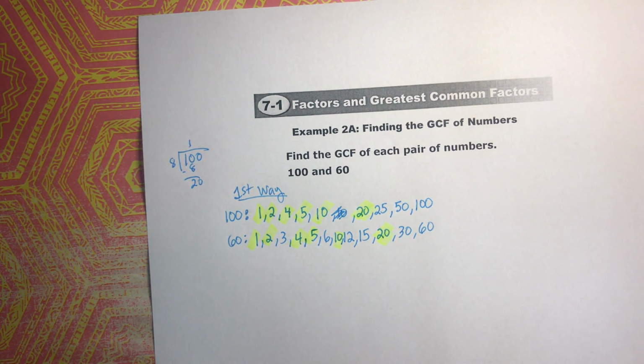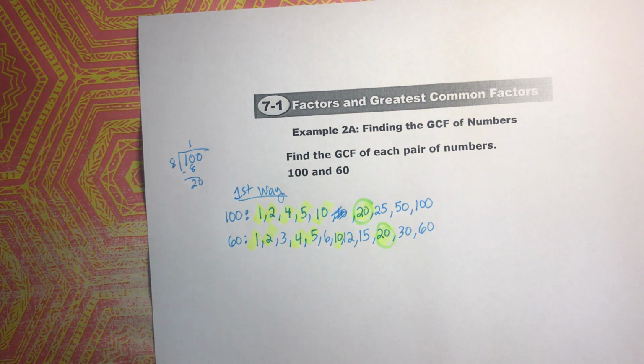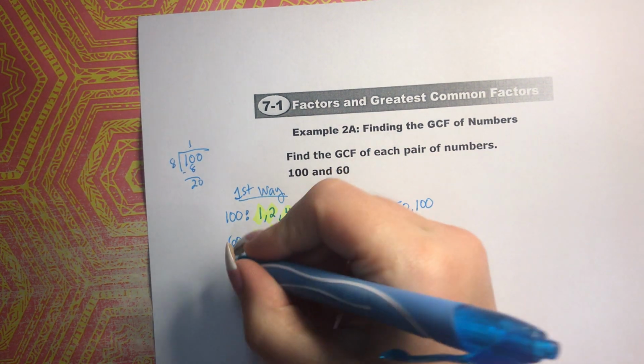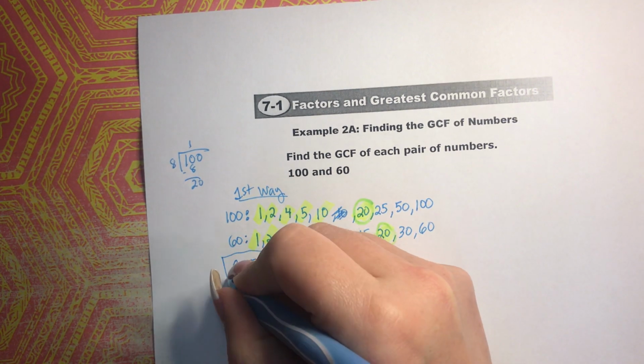That's it, okay? So those are all the common ones, and the greatest common factor would be 20. So the GCF is equal to 20, the greatest common factor.